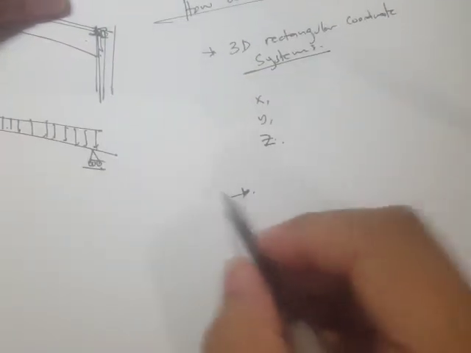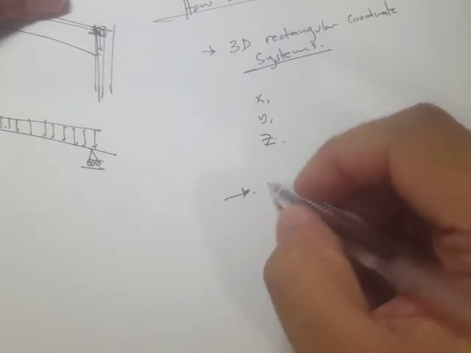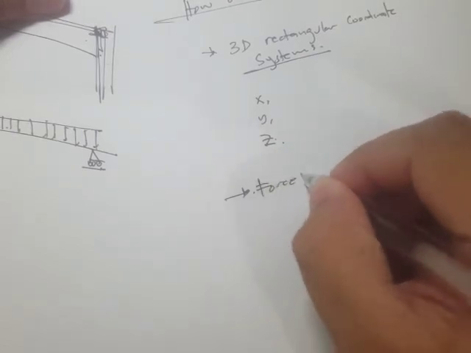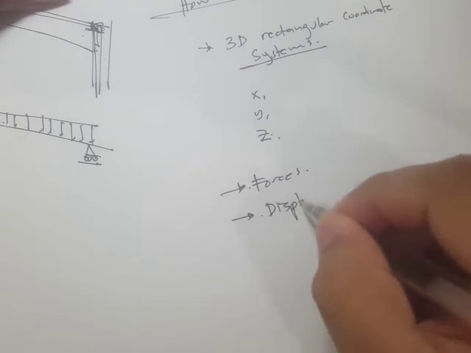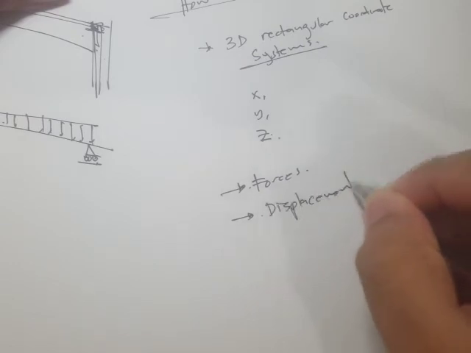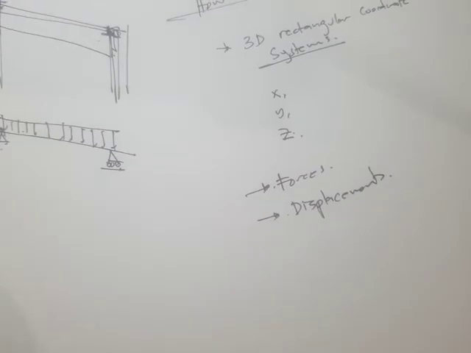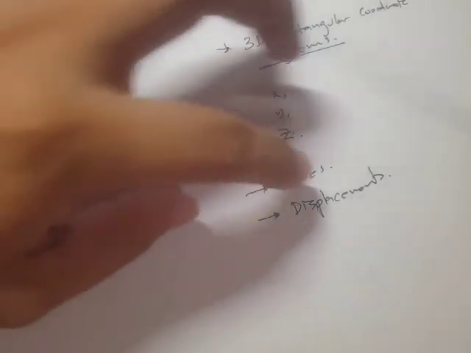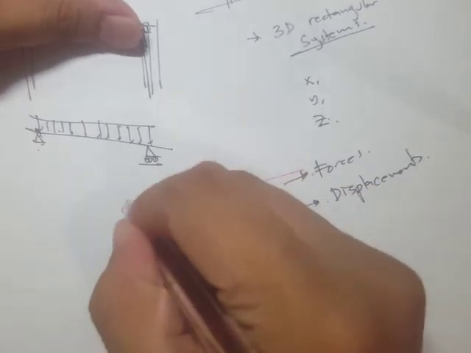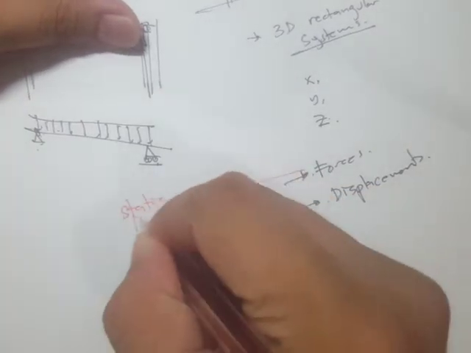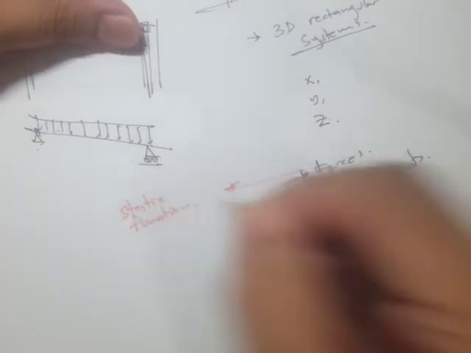But what about x, y, and z? We have to think about forces and displacements. For example, if we think about forces, that refers to the static function of the supports or joints.